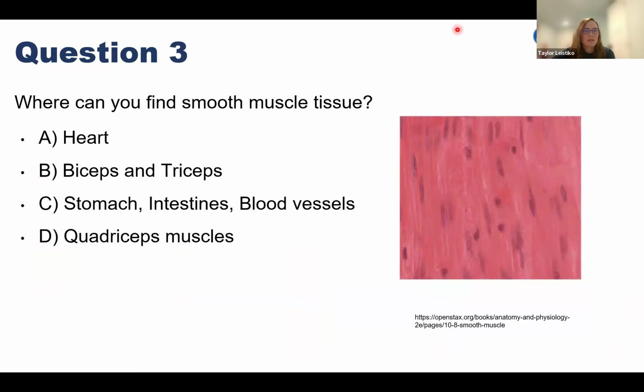Okay, next question. Where can you find smooth muscle tissue? A, in the heart, B, biceps and triceps, C, stomach, intestines, and blood vessels, or D, the quadriceps muscles.